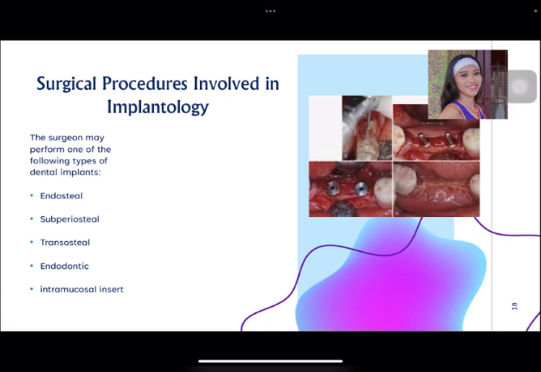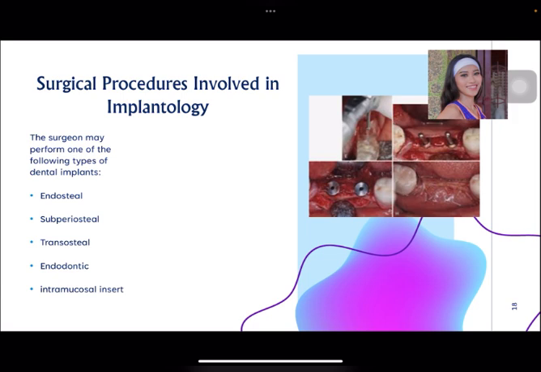The subperiosteal implants, they are used when the patient has insufficient bone height or when the patient cannot undergo a procedure to rebuild the bone height. This is usually secured with posts that protrude through the gums to hold the prosthetic teeth.